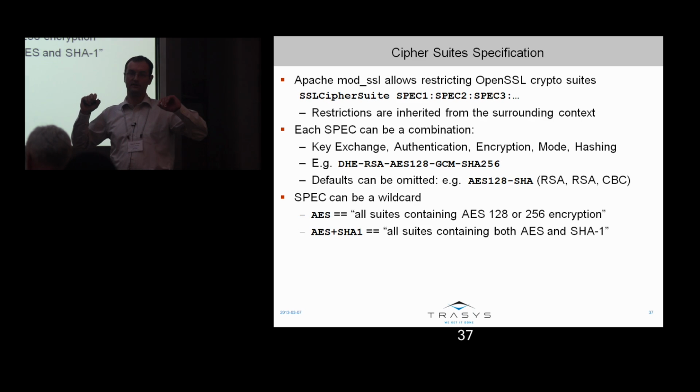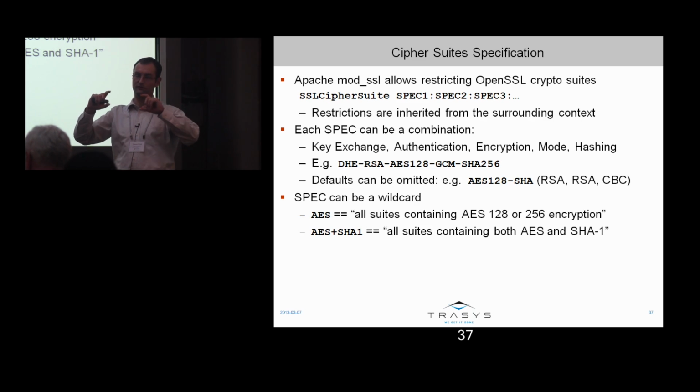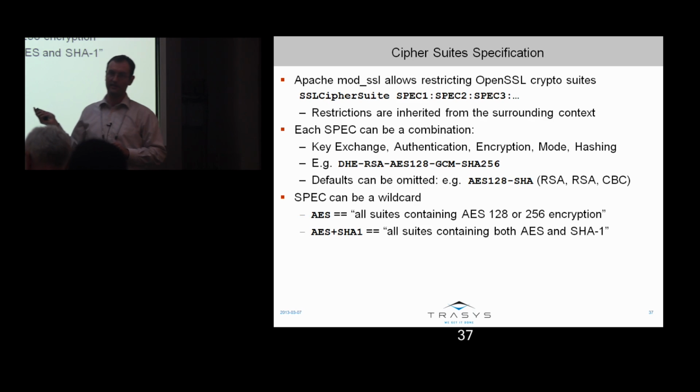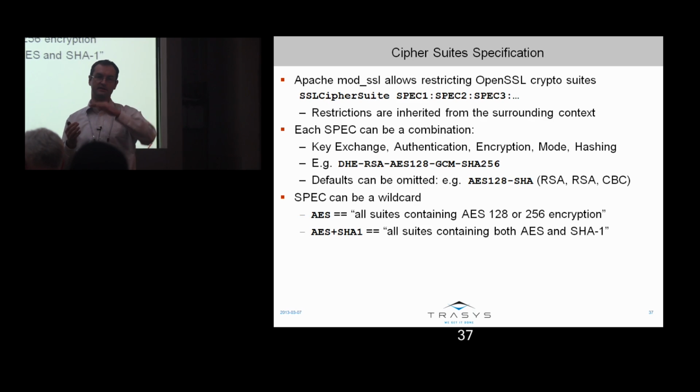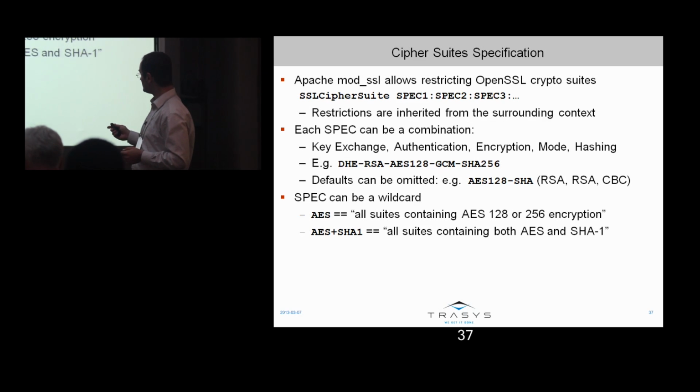If you have different areas of your Apache configuration files and they define the SSLCipherSuite at several levels, then there's a mechanism for combining these, going from more general to more specific, so that for each page the web server knows what set of cipher suites to accept.